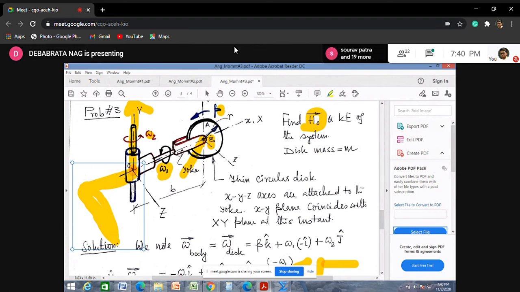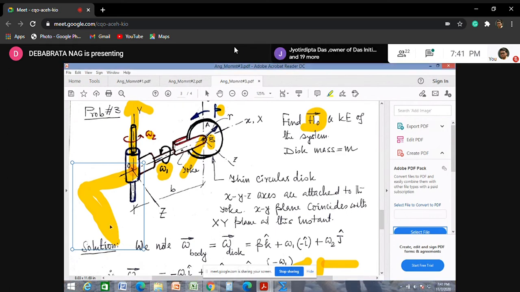So if I extend this beyond this portion and then bend it horizontally parallel to the capital Z axis, and I take a point over here, then you see, because of your omega 1 and omega 2, this point will have some velocity, right? And since this point has velocity, now I can only calculate the relative angular momentum with respect to this point.